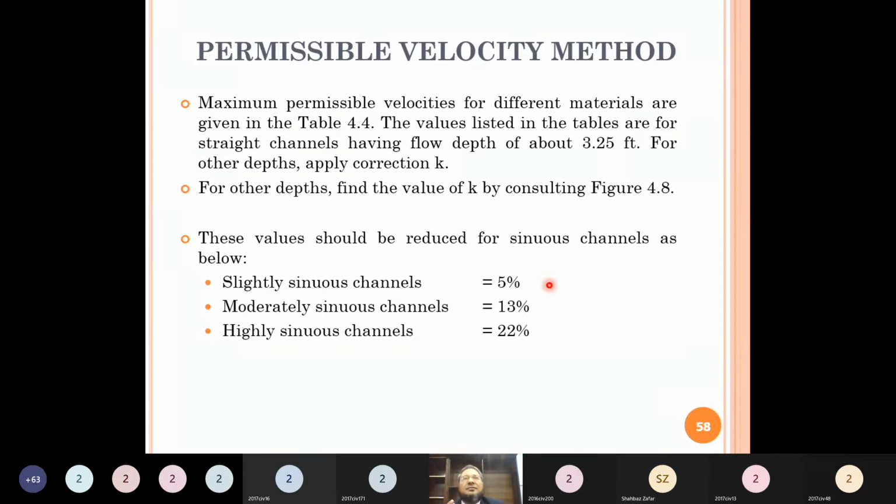So factor क्या होगा, with which we should multiply those velocities? 0.95. If it is moderately sinuous, then we have to reduce velocities by 13%, and if it is highly sinuous, then we must reduce velocities by 22%. It means the factor we should use is 0.78.